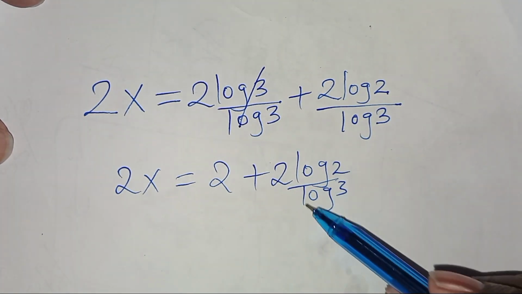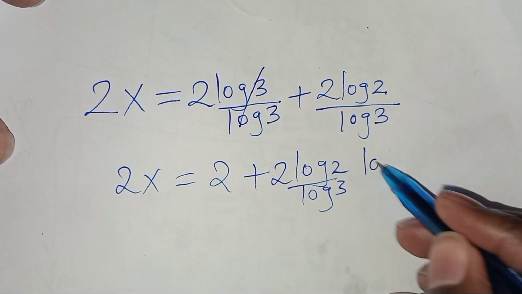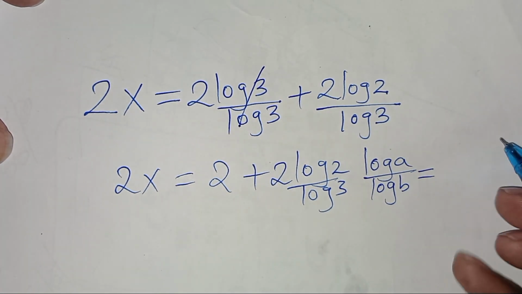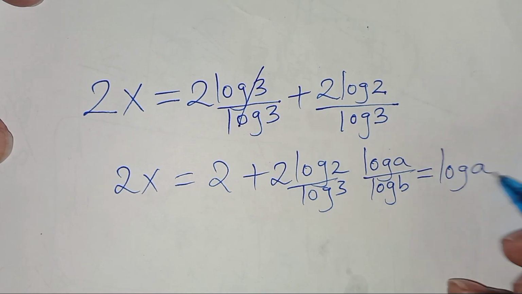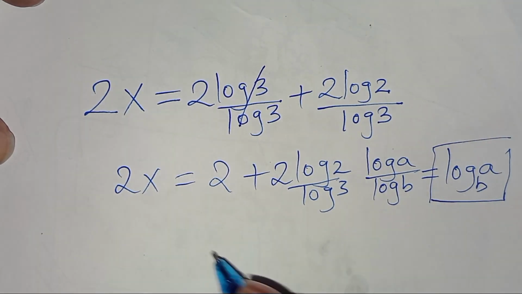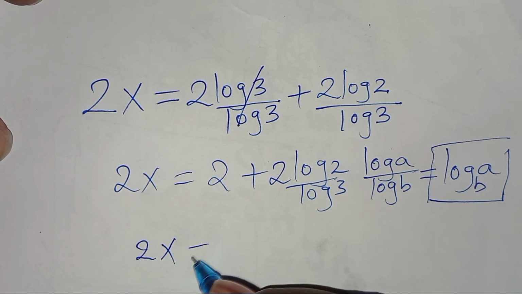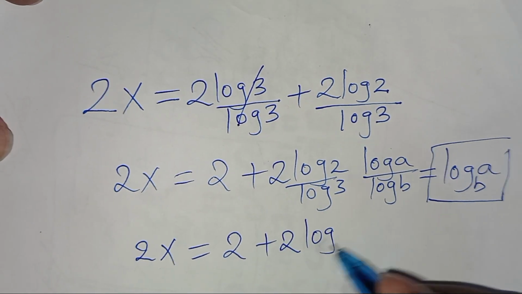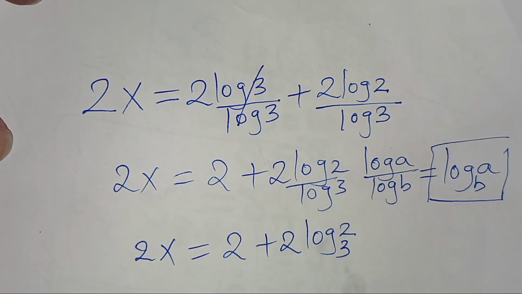Now log 2 divided by log 3 is in the form of log a divided by log b, which you can express as log a to base b. Now let's apply this property, so that we'll have 2x equal to 2 plus 2 log 2 to base 3.